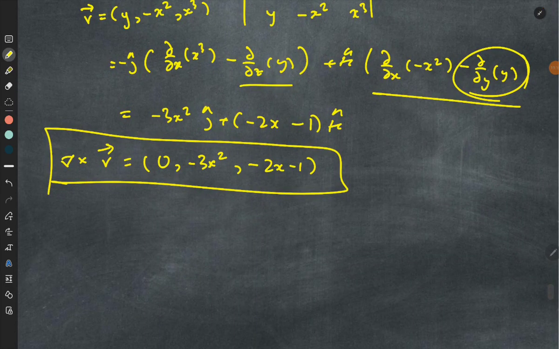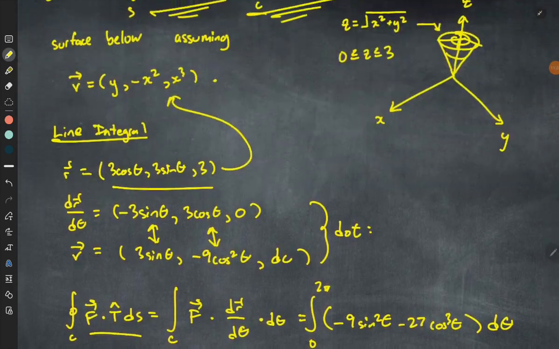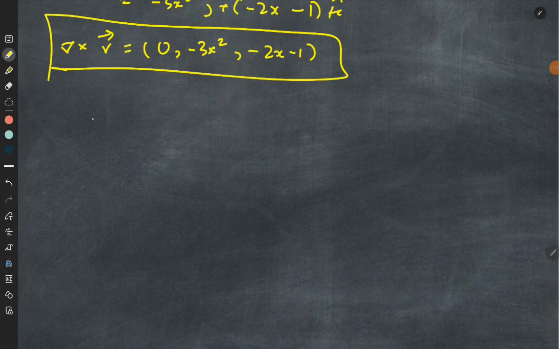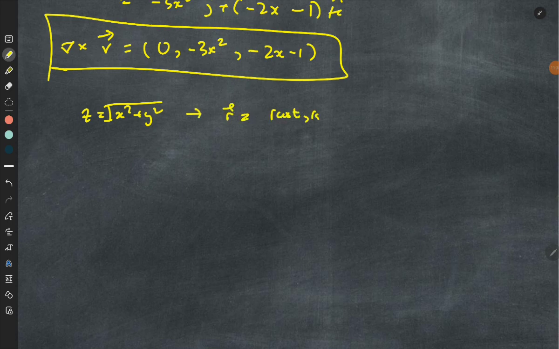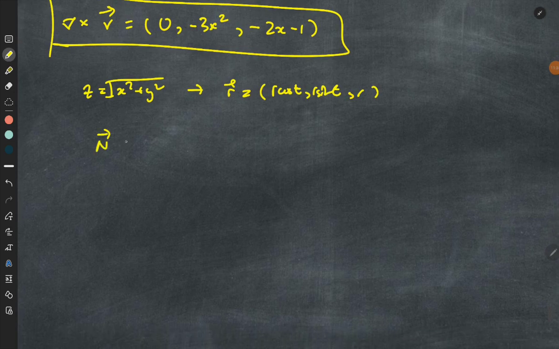Okay. So our surface was z equals the square root of x squared plus y squared. We can parameterize this as r cos theta, r sine theta, r. And the normal of that is the cross product of cos theta, sine theta, 1 and negative r sine theta, r cos theta, 0.